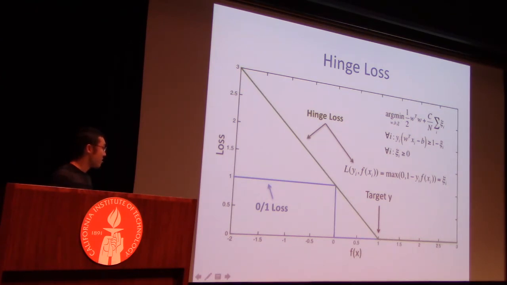So the loss is 0 until it's less than +1, and then it starts increasing linearly. That is the hinge loss, and you can check mathematically that this loss function is exactly equal to the quantity captured by the slack variable. So I can replace these slack variables and these constraints by just this loss function.